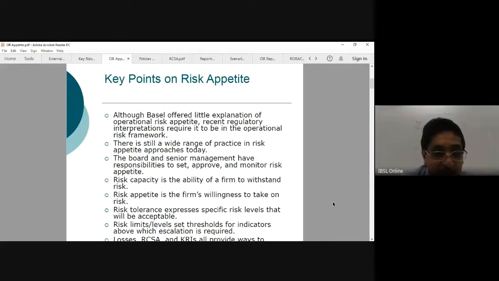I think this is a very important concept to be discussed. Now, appetite in its literal meaning is the amount you like to have. That is what you mean by appetite.